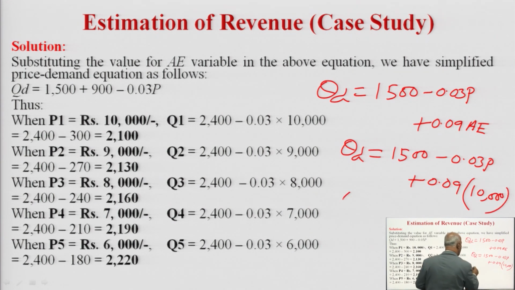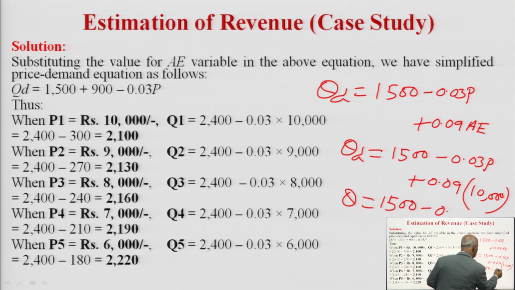So, you multiply, and what you will be getting is 1,500 minus 0.03 P plus, this is coming 900. That is the figure you are getting.